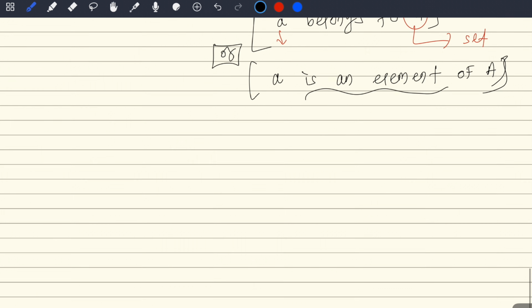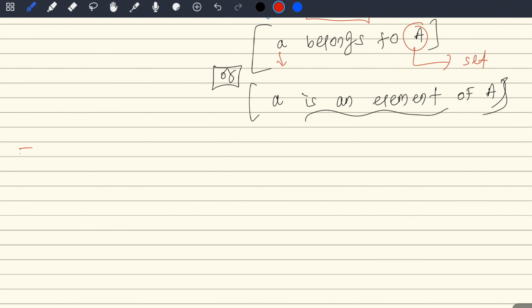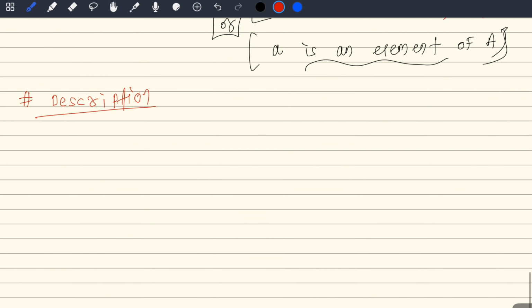Now there are two types of representation of the set. So how to describe a set? We have to describe a set by using two types. What are the types?